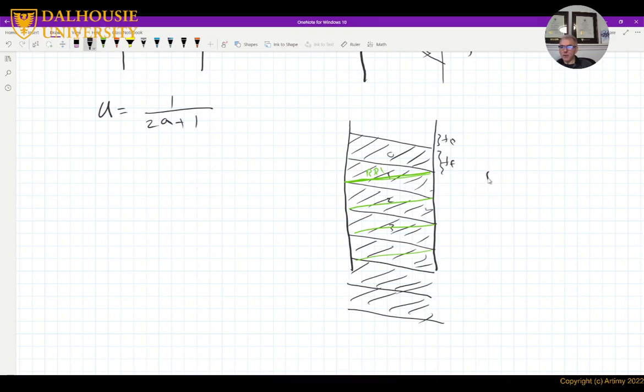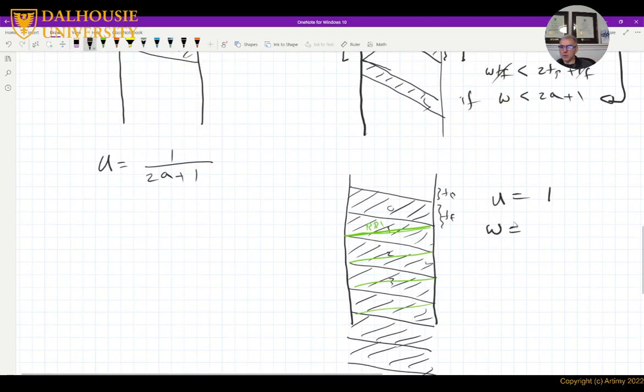So the utilization is 1, which means that I'm utilizing the channel 100%. There is no waste, right? And the condition here is W is less than or equal to A plus 1.